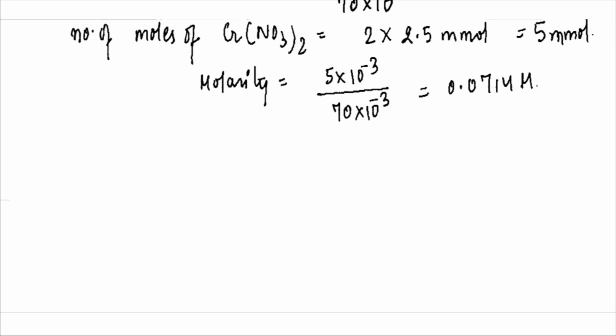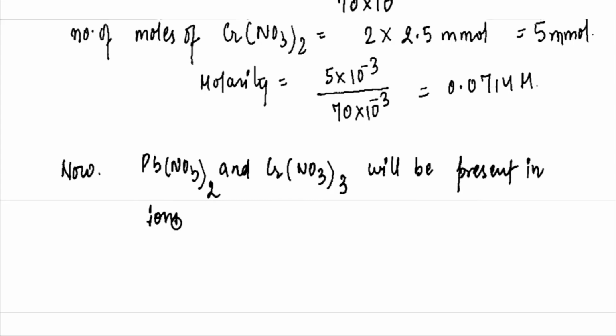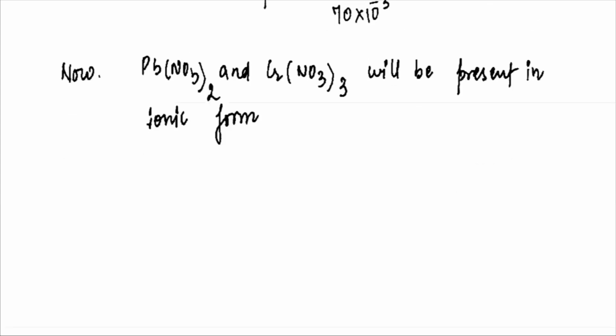Okay, so now I can say that the Pb(NO3)2 and the chromium nitrate, Cr(NO3)3, will be present in ionic form. So I can write down the concentration of all three ions, right?